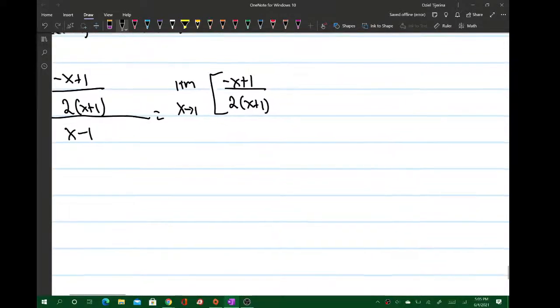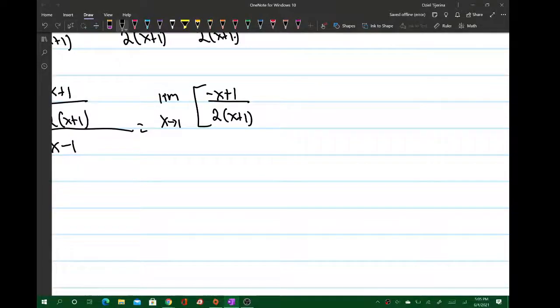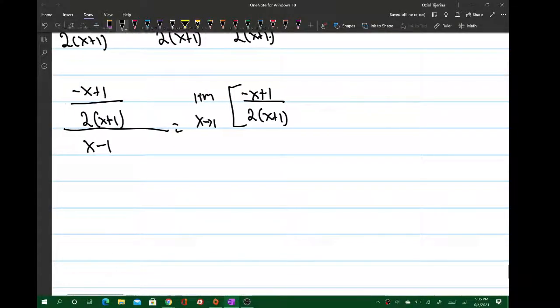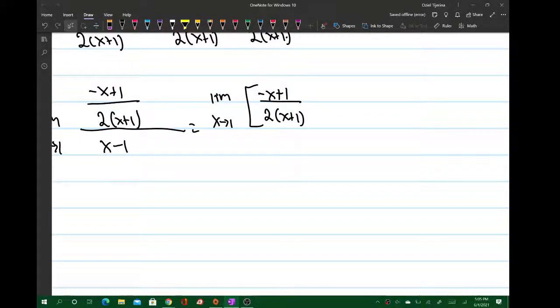Now you have to be careful because these do not cancel out. Be very careful. They're not going to cancel out. So this is really just one term on its own, negative x plus 1, and then you're going to divide by x minus 1.